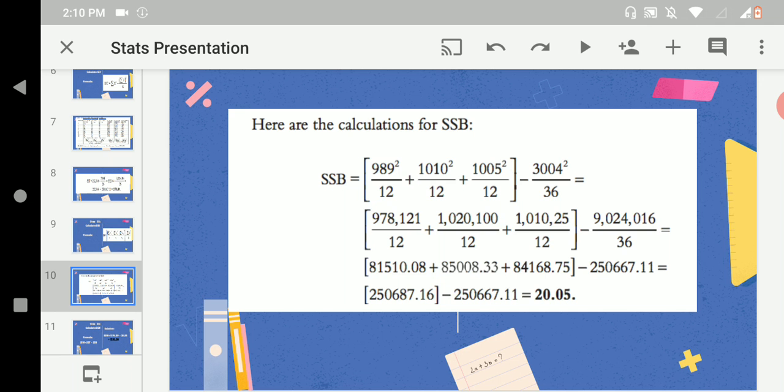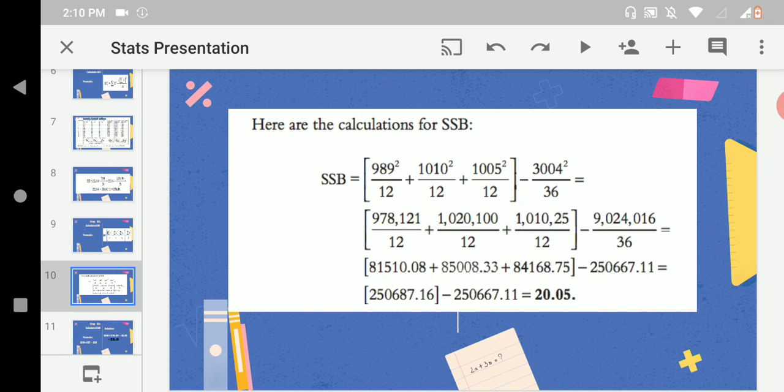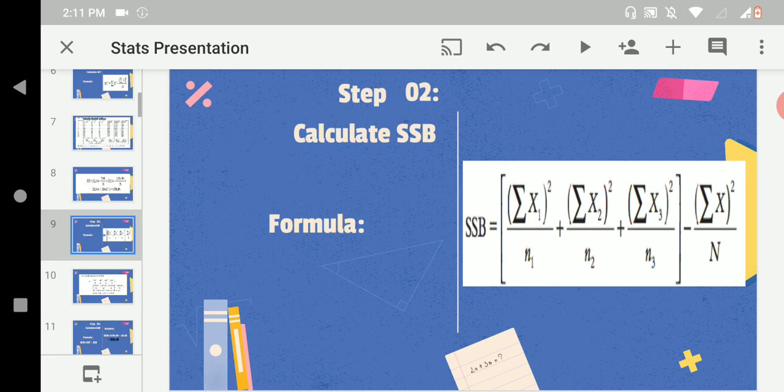Why 12? Because from the formula, it's small letter n. When we say small letter n, that is the population of the group. So each group has a population of 12 because each group has 12 students.